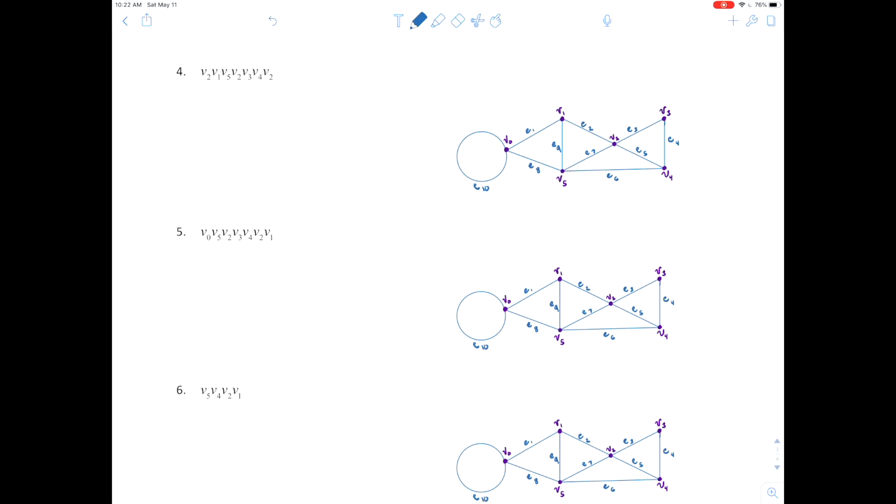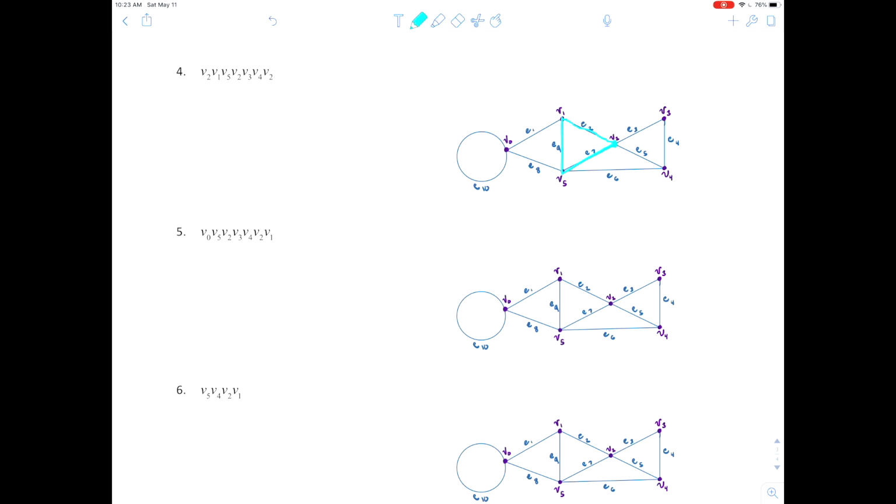Okay, so this next one, I'm just going to draw it out and then note what happened as we go. V2 starts and ends at V2, right? So let's just note that to ourselves. Going in order, we go from V2 to V1, then from V1 to V5, then from V5 to V2. So V2's also in the middle, right? So we're going to have more than just first and last repeating.